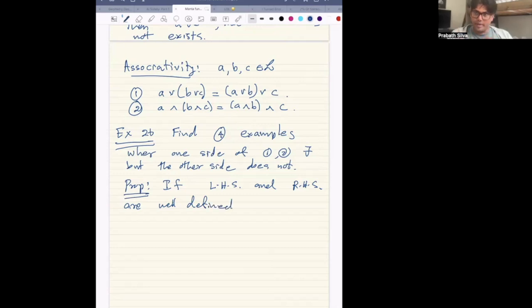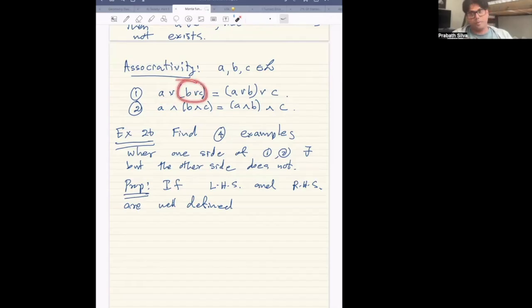See, well-defined includes that it exists, because I'm writing B join C, for example, in here, and then I'm writing that on this side.